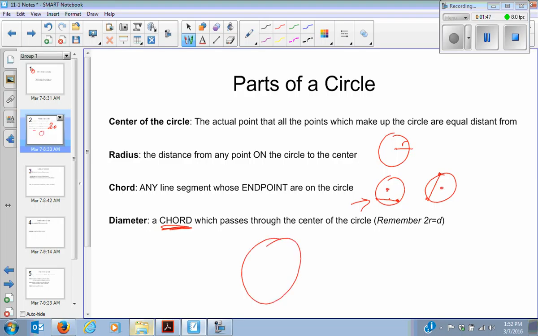A diameter goes through the center, and the endpoints are still on the edge of the circle, so it's considered a chord, but it's a special type of chord, which is called a diameter. And remember, 2 radii equals a diameter. That would be one right here, and one going that way. So you have an r, which is really the same thing as 1 diameter.